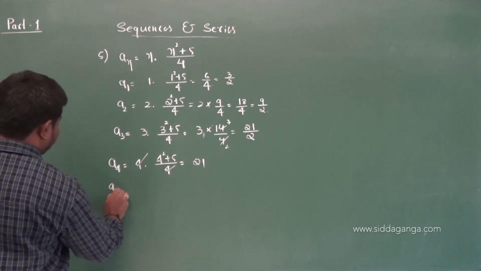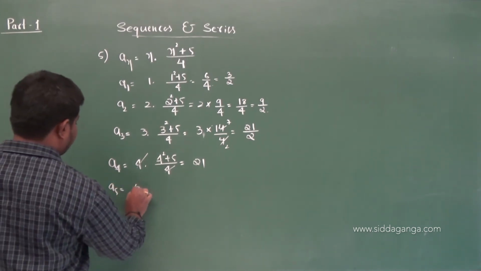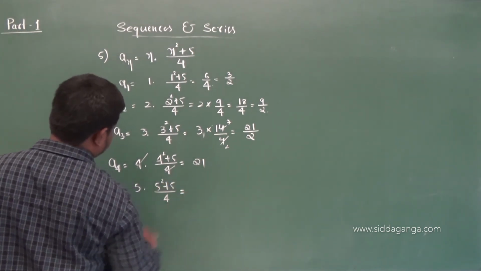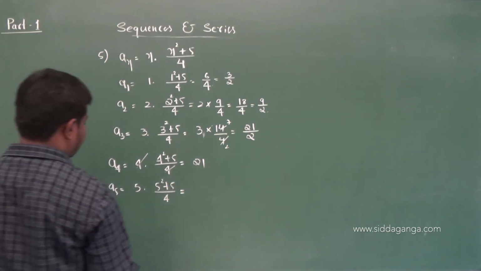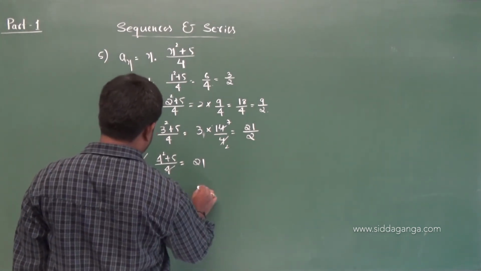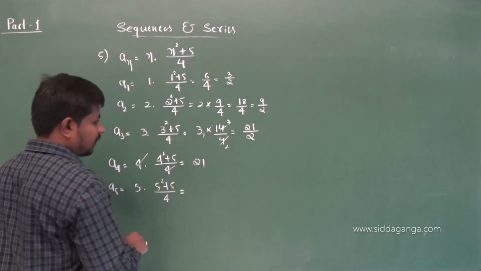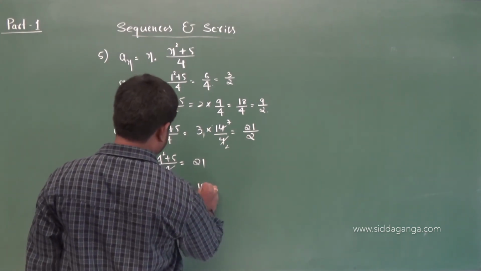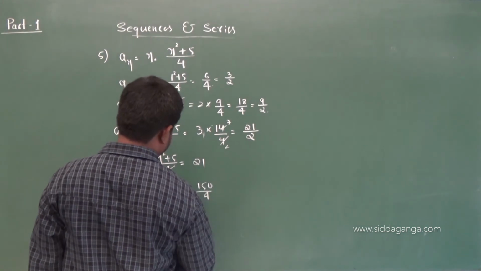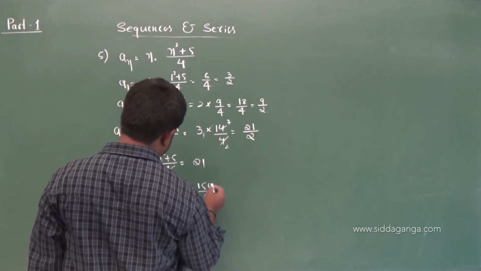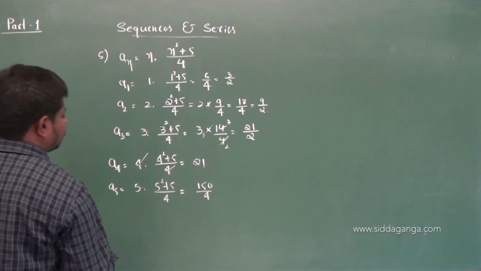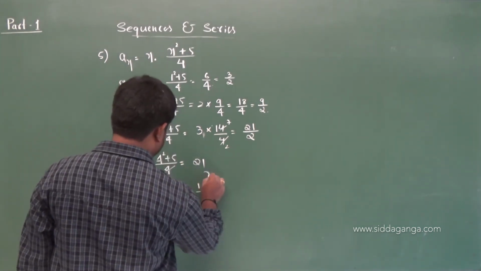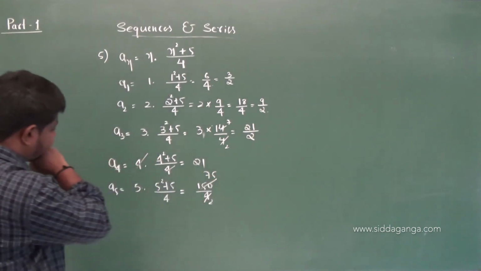Next, your fifth term is 5 into 5 square plus 5 by 4. You get what? 5 square is 25, 25 plus 5, 30. So 30 into 5, 150 by 4, or you can write 75 by 2.